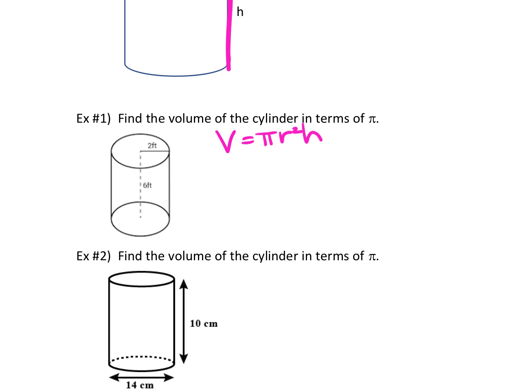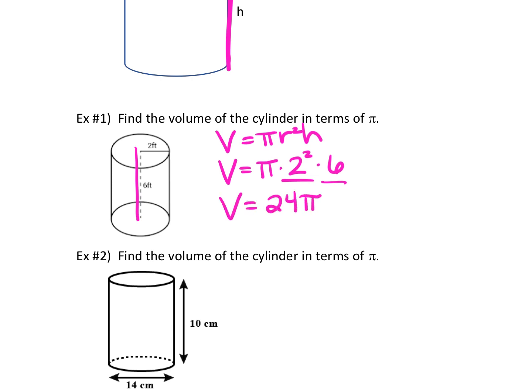Then we would say the volume equals pi, what is r? 2 squared times 6, the height, okay? That's all you have to do. Now it's just a matter of simplifying it. So 2 squared is what? 4. Times 6? 24. So your answer is 24.